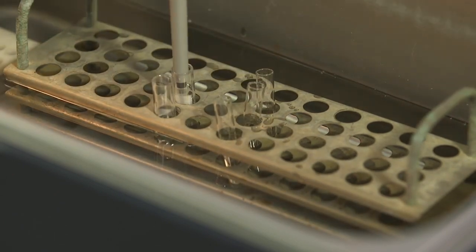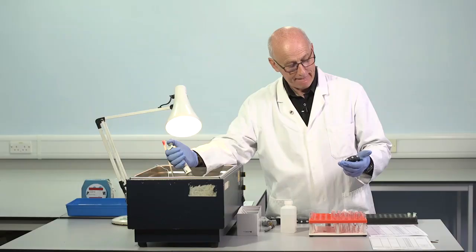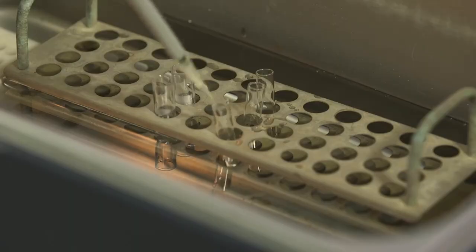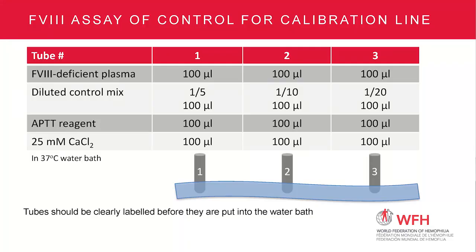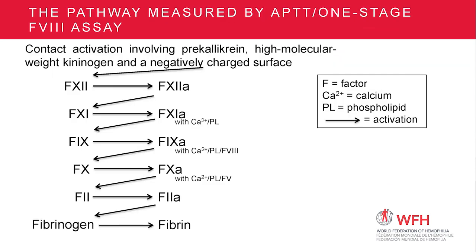Third tube, 30 seconds and mix. So we've added APTT reagent, activator, phospholipid. Contact activation is now occurring, 12 to 12A, 11 to 11A. We don't have essentially any calcium present, so at this moment we're simply activating.